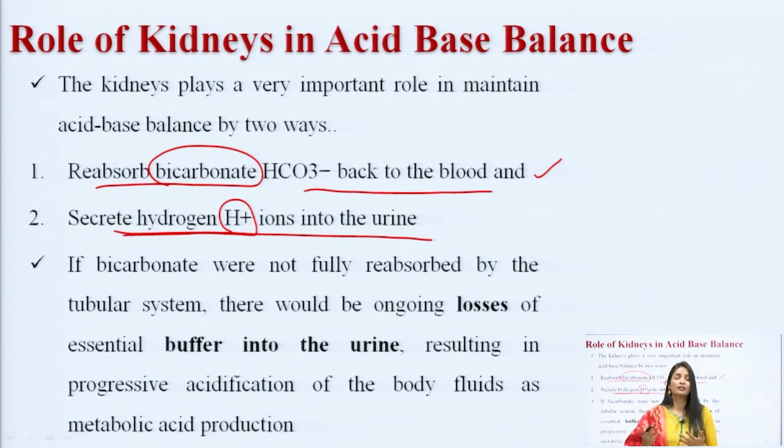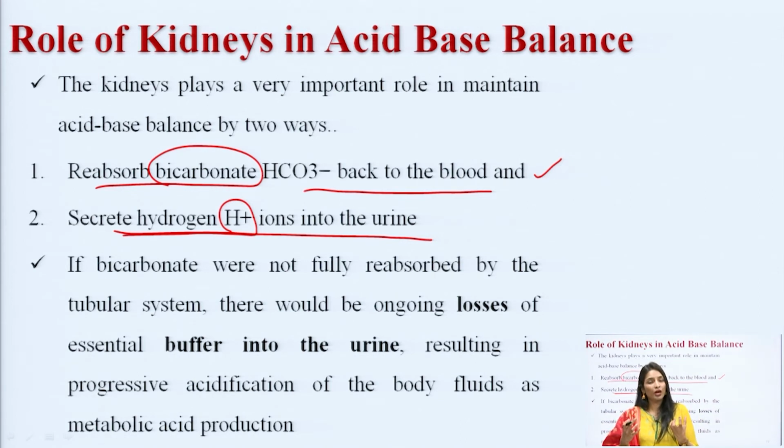Just imagine, if the bicarbonates are eliminated more, what is going to happen? Bicarbonates have to be reabsorbed into the blood, but it is not happening. For example, the kidneys are not functioning properly in a particular person, so they are not able to reabsorb the bicarbonates into the blood.